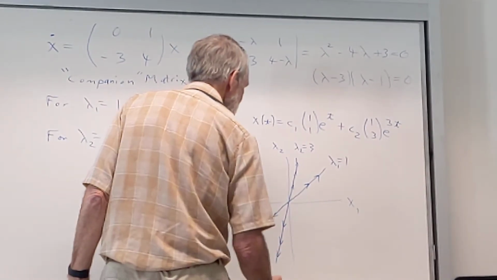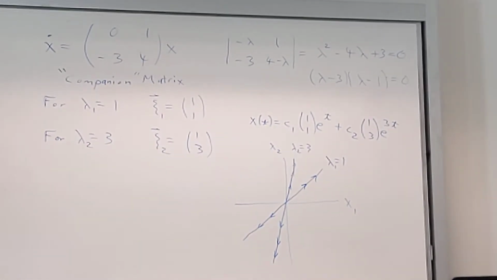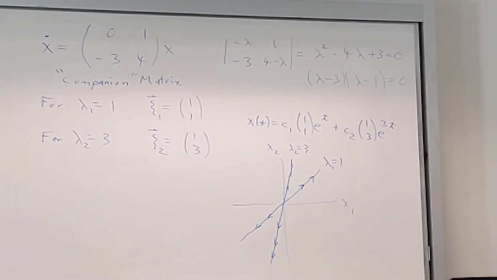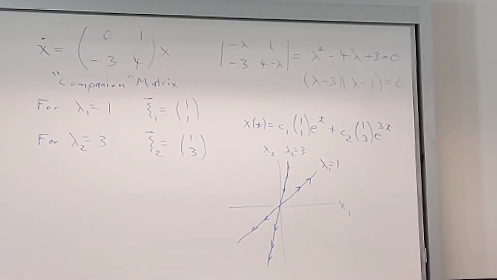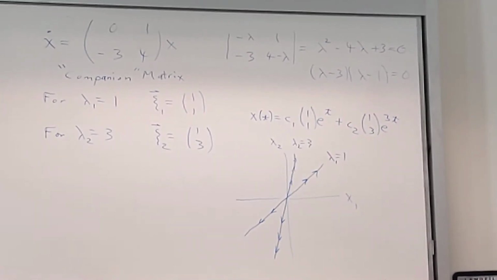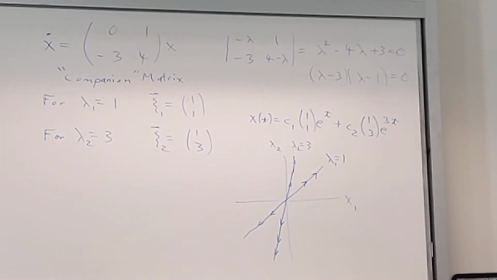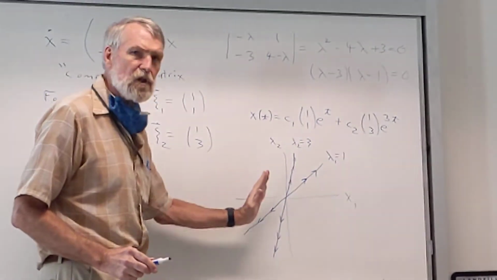And now, for long-term behavior, what should it look like? Which of those are going to dominate? The 3t grows much faster than the 1t, right? So that says that the predominant direction should be parallel to this one.